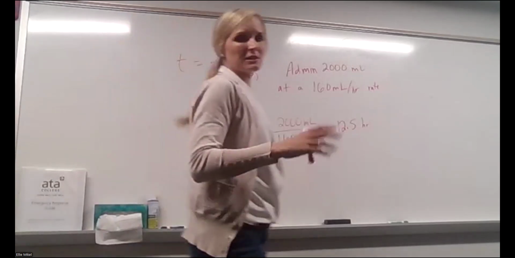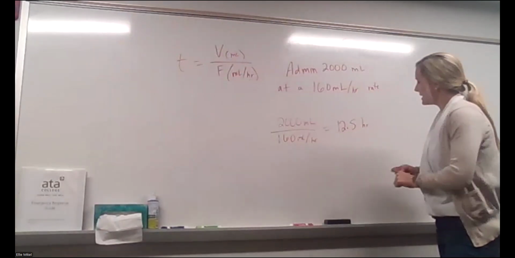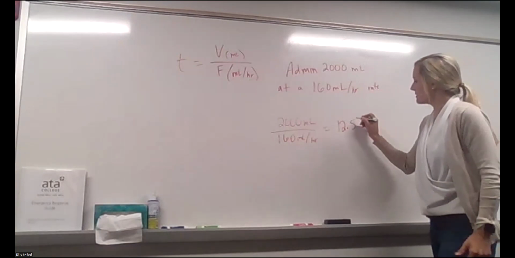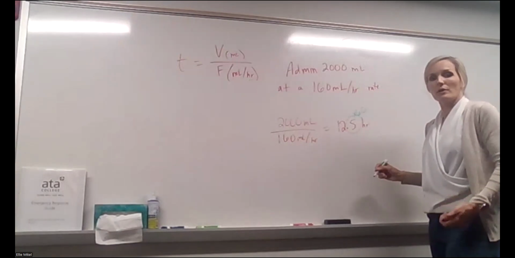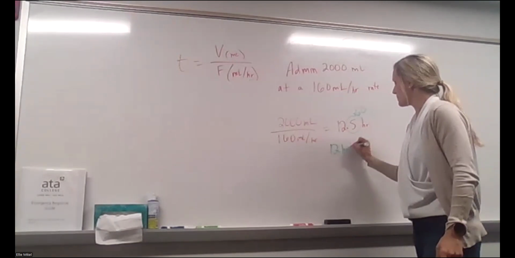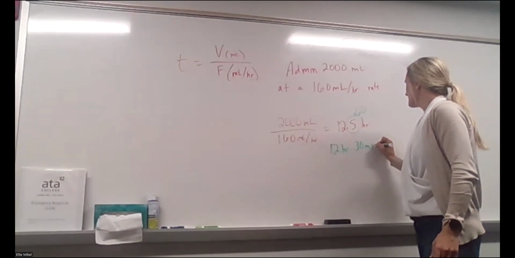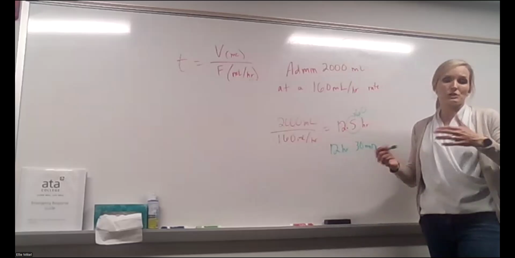If you need that specific, here we just have 0.5 memorized. But if you ever get something other than 0.5, you can always take that decimal times 60, and 0.5 times 60 is 30. So that tells me this is 12 hours and 30 minutes. Regardless of whatever that number is behind the decimal, you can get your minutes that way.